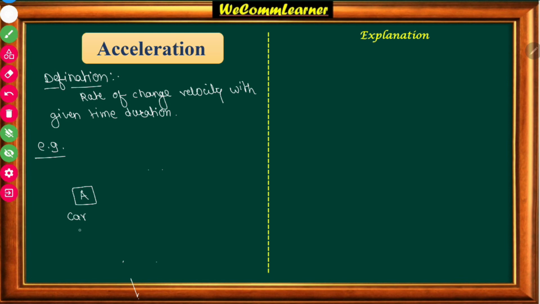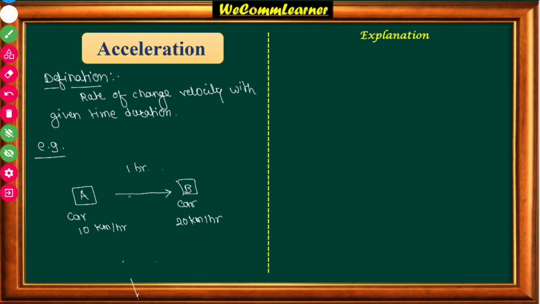So for example, initially the car is running with 10 kilometer per hour speed, and then it will reach a point B. Point A is the initial point, point B is the final point, and the velocity at the final point is 20 kilometer per hour. And consider that the time taken to reach from point A to B is 1 hour. Okay, this is the scenario.